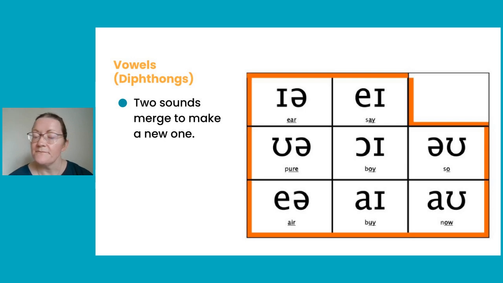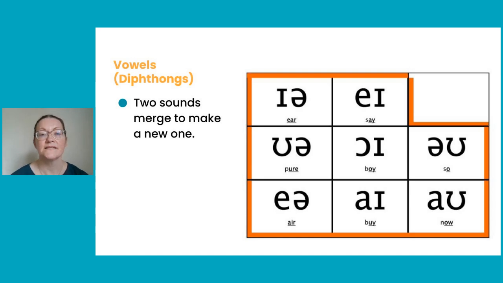So let me read through them nice and quickly, just so you can hear them in their original RP sound, but bearing in mind that you can change it according to your accent, as I do. The sounds are ia, a, ua, oi, o, ea, I, ow.